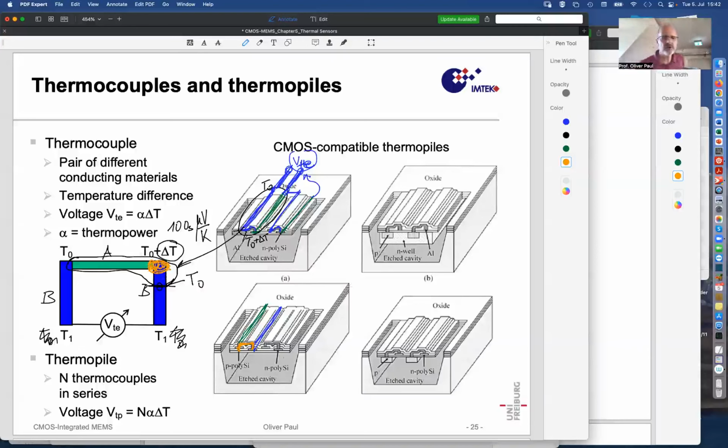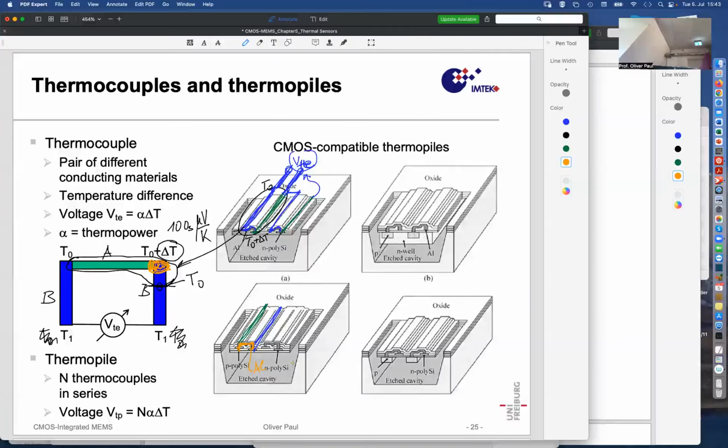Why is there an orange connection? It's made of aluminum, because if you connect P poly to N poly, you produce a diode. And then at the back, the diode goes back from N to P, and that's another diode which is connected the other way around. And so you have a situation with back-to-back diodes that doesn't allow any current to flow.